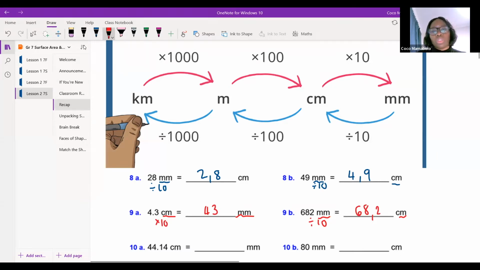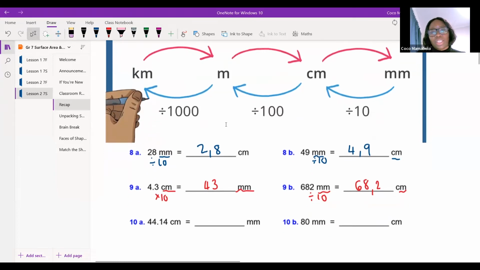Amazing. Bunolo, let's do 10A. Hi, ma'am. Hello. Okay, I'm going from centimeters to millimeters. What am I doing? Centimeters to millimeters, ma'am, we are multiplying by 10. Excellent.